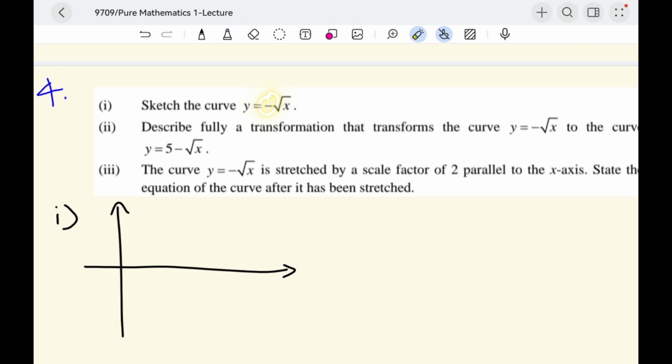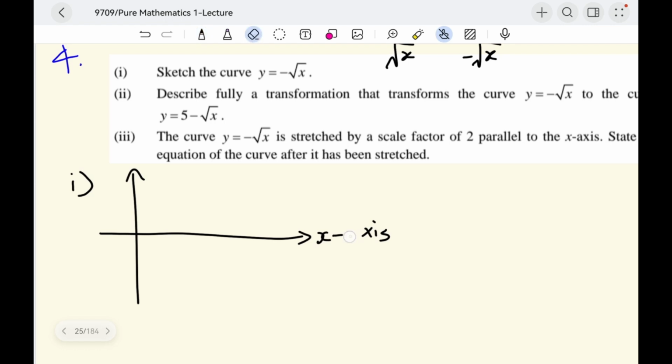What does it indicate? For the entire function, you need to reflect. So an ordinary square root function of x has transformed into negative square root of x through translation. Not translation, sorry, it's reflection on the x-axis.